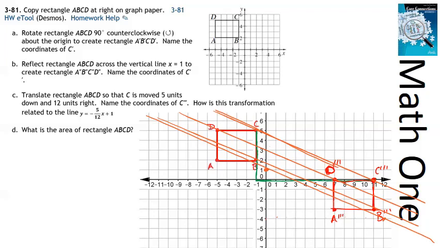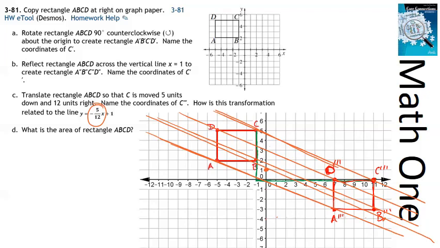So they're all parallel to each other. So I would say this translation of this shape down 5 over 12 units, all of those lines that connect those points are parallel to the line y equals -5/12 x plus 1.